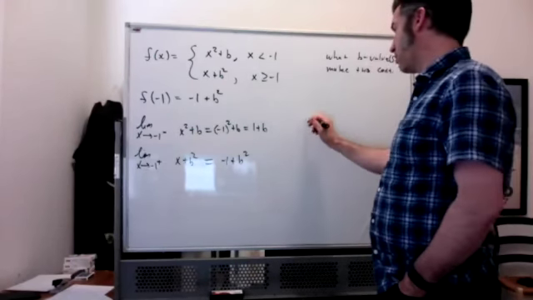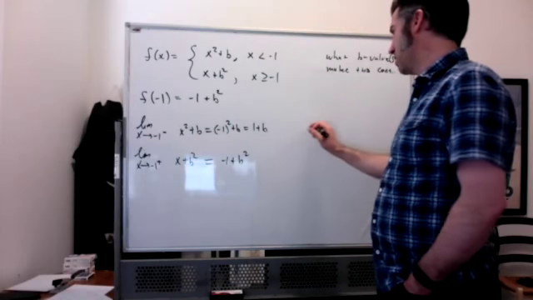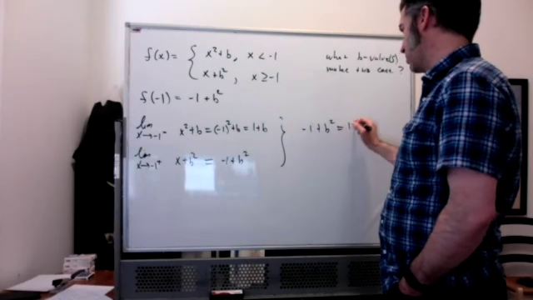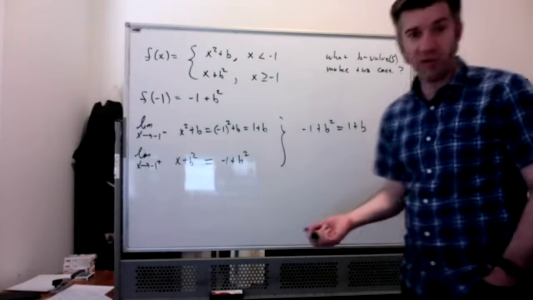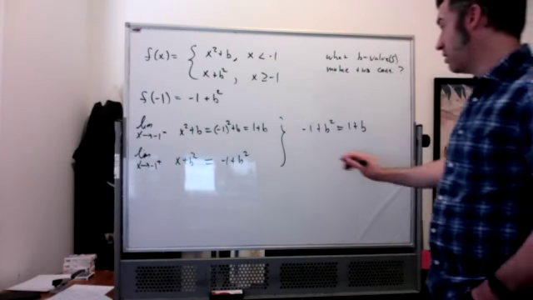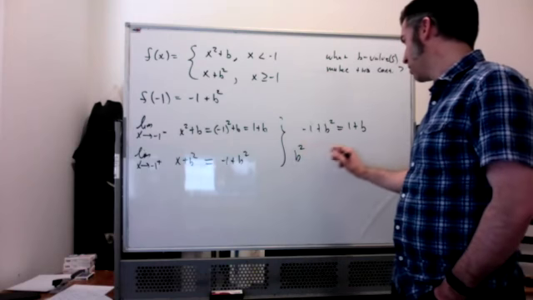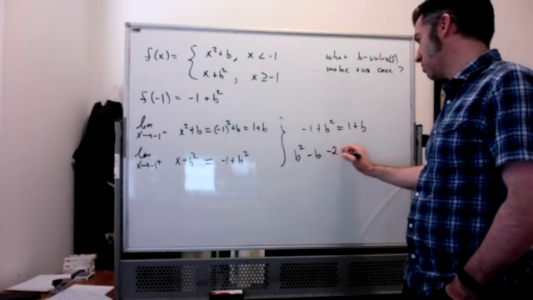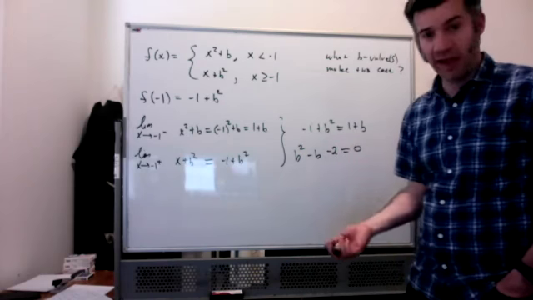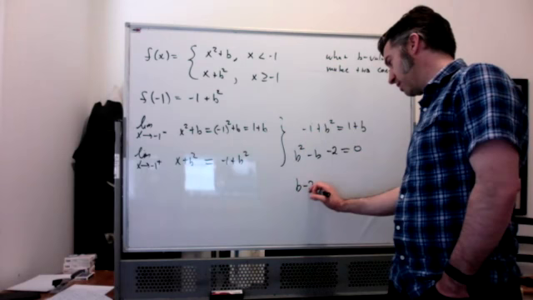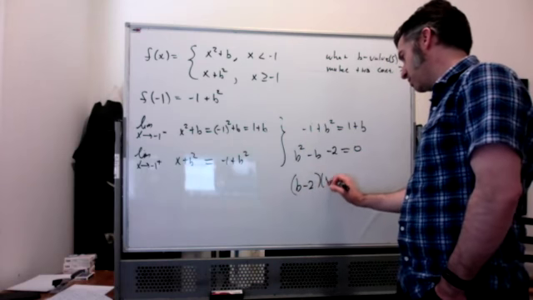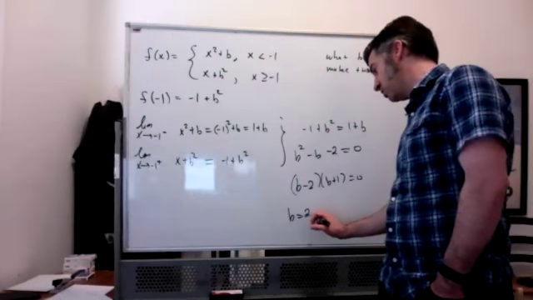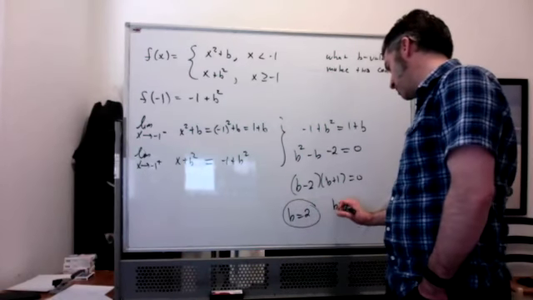So we're going to say that -1 plus b squared equals 1 plus b. This is quadratic, so we should bring everything to the same side. So we've got b squared minus b, -1 minus 1 is -2, equal to 0. This does factor. It factors as b minus 2 times b plus 1.